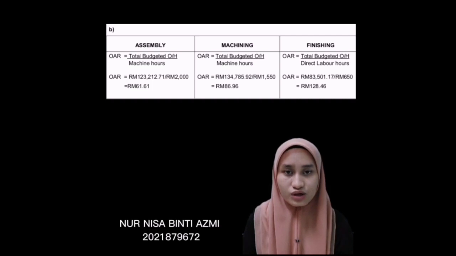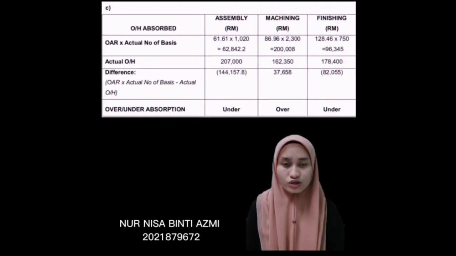And the last one, the calculation for the finishing, is 83,501.17 ringgit divide 650. The result is 128.46 ringgit.